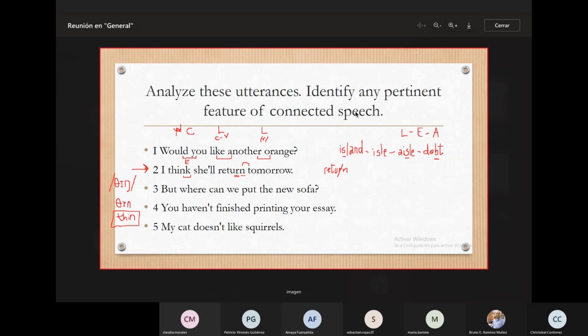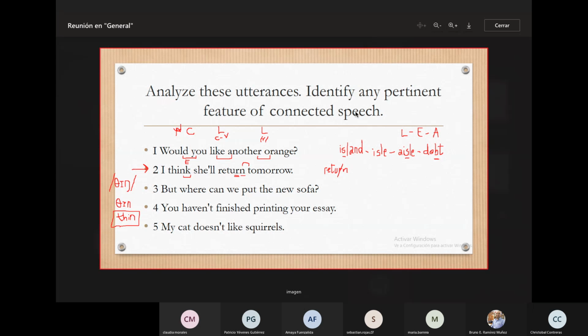Because definitely when you mention cat doesn't, my cat doesn't, definitely the last sound of cat is not plosive.